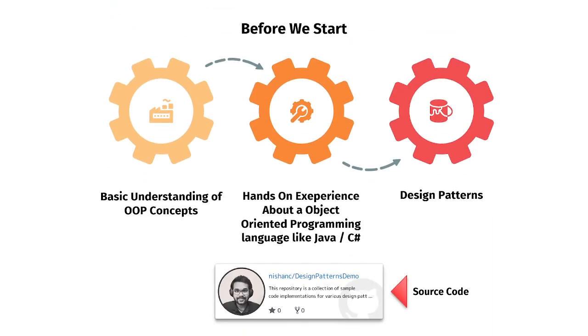But anyway, if solving that problem is our need, we'll have to do it without thinking about the disadvantages, right? Okay, so before we start diving in, I need you to have some basic understanding of object-oriented programming concepts. And if you know the basic concepts, then you will have some hands-on experience in maybe Java or C Sharp or C++, some sort of object-oriented programming language.